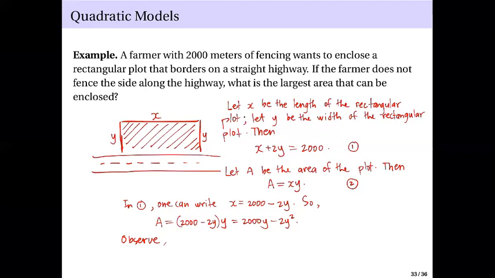So observe that the graph of A of y, okay, opens downwards, okay, and therefore has a highest point.